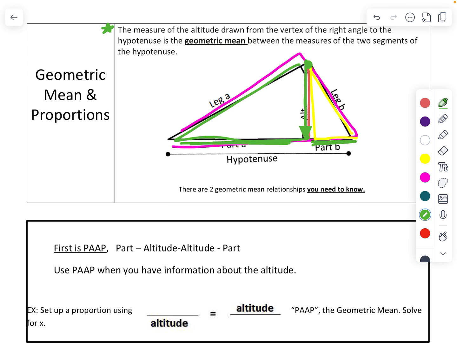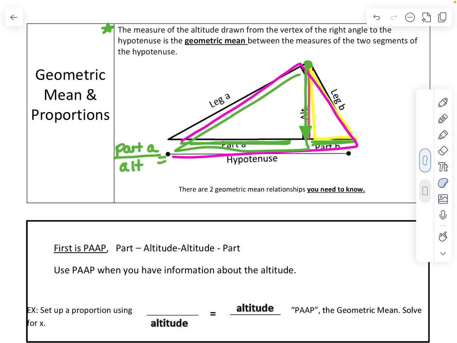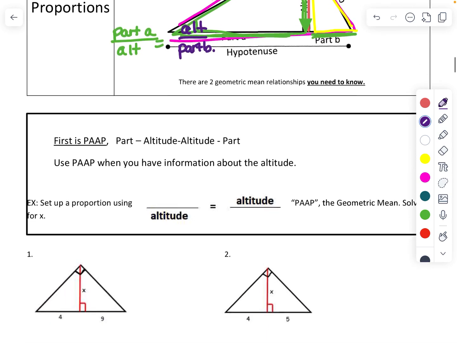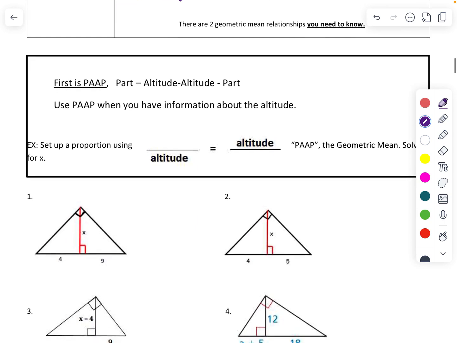All right, so we're going to use part A, and I'm going to show it to you a little bit more clearly in the next section, over the altitude. And we're going to set that up equal to the altitude over part B. And if you study all the different sides and separate the triangles and color code the sides, you will see that those sides are matching up to each other to make them corresponding for our proportion.